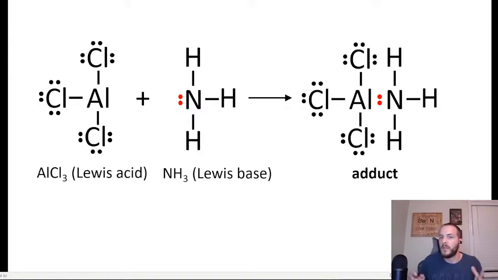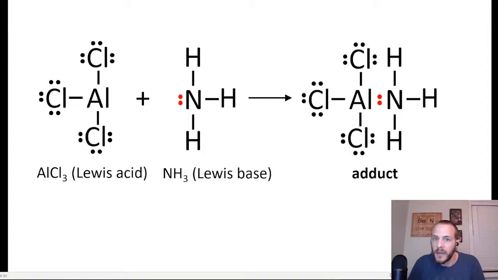And so if you start to think about this, we can understand that the Lewis definition of acids and bases doesn't really expand the list of potential bases, but it greatly expands the list of potential acids to include molecules that don't even have hydrogen, right? Because we're considering the electron pair and not the proton, right?